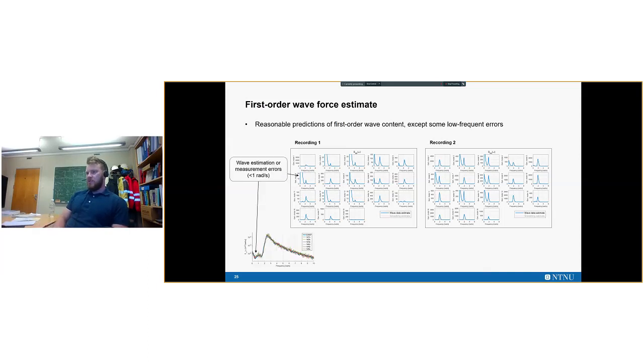The biggest problem we see is that we get some very low frequency estimation errors in the low frequency range, and this is due, we think, to a sensitivity to the errors that are created in the very low frequency range. So apart from this, we think that the first order wave force content in the range of 2 to 4 radians per second is quite accurate.